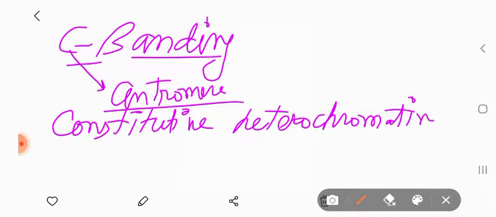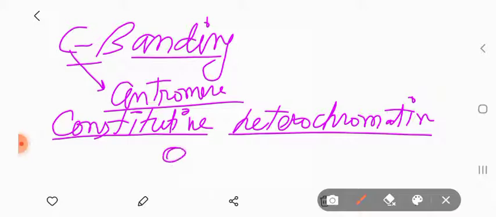Constitutive heterochromatin are permanently inactive regions of chromatin. That means these are those regions where the chromosomes permanently remain in a condensed state. They never open to form euchromatin.